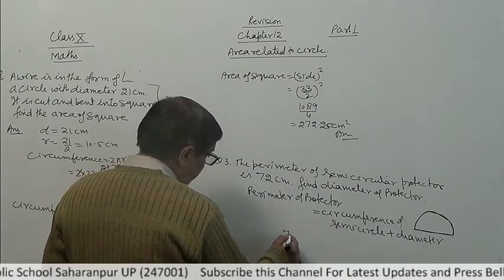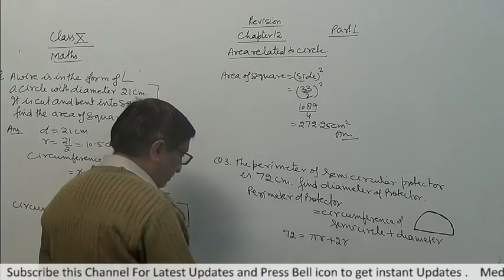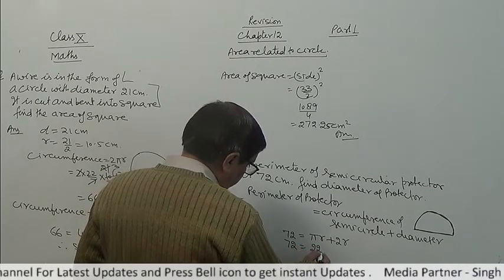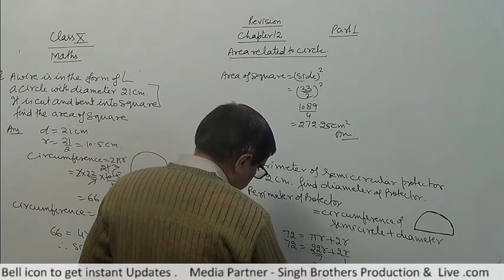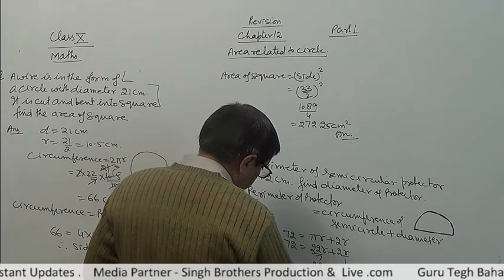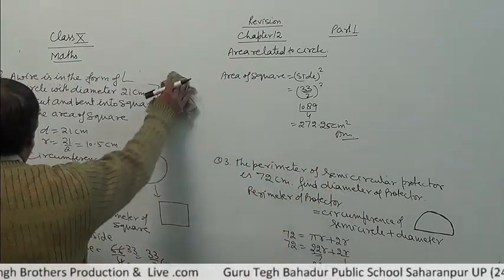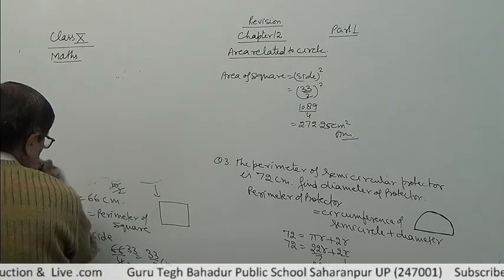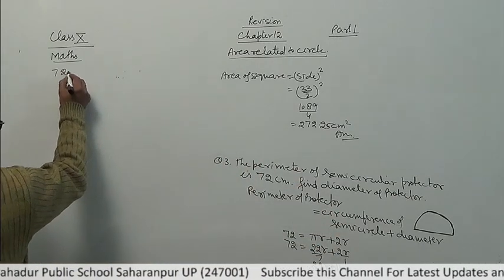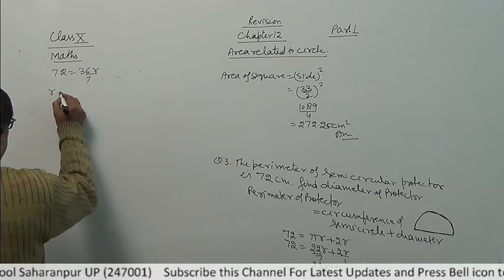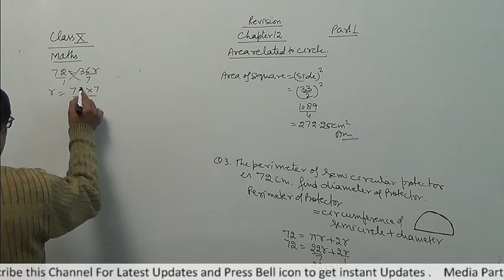So 72 is equal to pi r plus 2r. 72 equals 22 upon 7 r plus 2r upon 1. 7 is the LCM. 22r plus 14r, so 72 is equal to 36r upon 7, or r is equal to 72 into 7 upon 36 by cross multiplying.